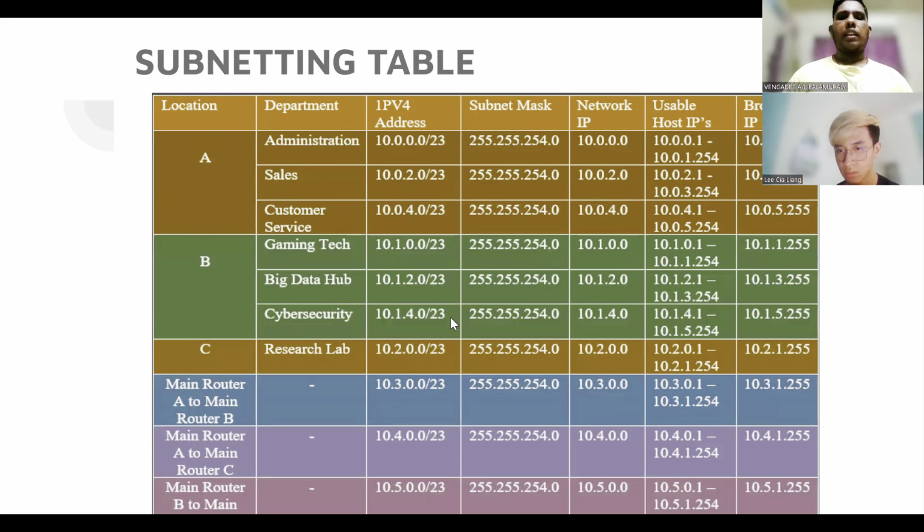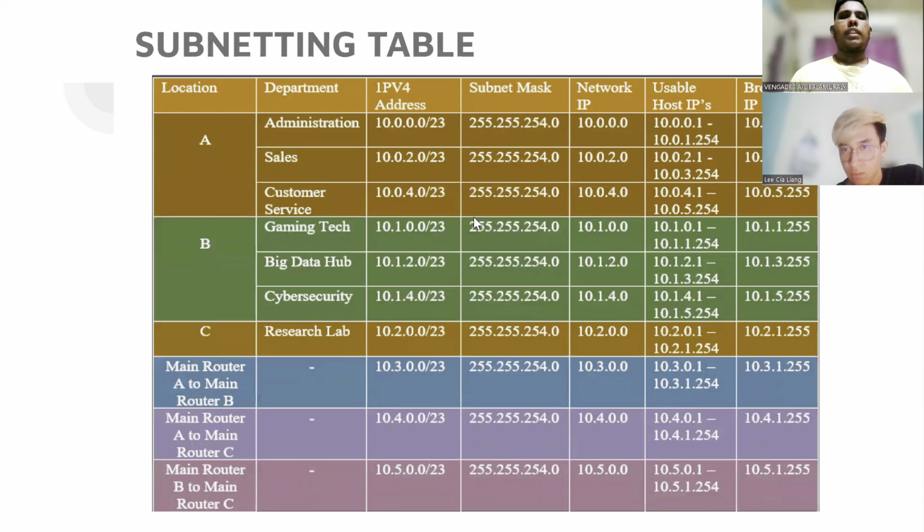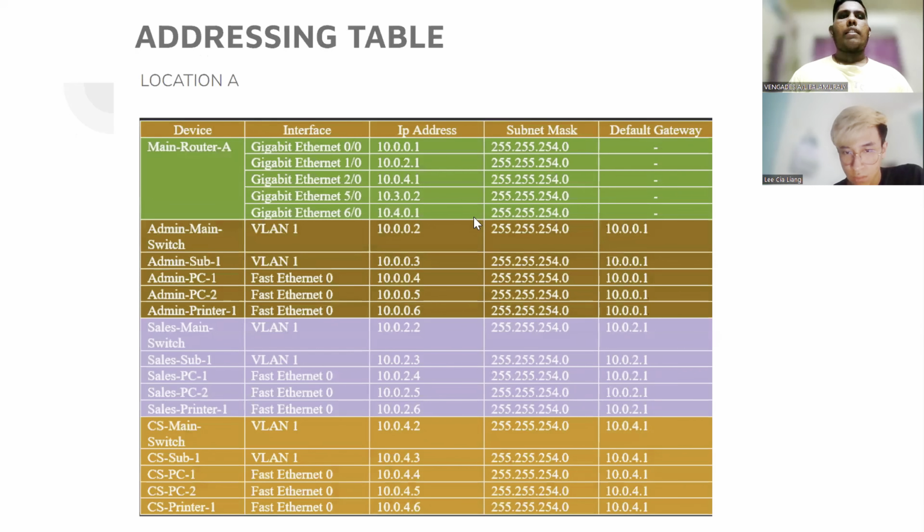And as you can see, we also allocated a different second octet for every location to make it easier to manage. For example, location A would have the IPv4 address of 10.0.0.0, while location B would have the IPv4 address of 10.1.0.0. Now, I will let my teammate Liang present the addressing table.